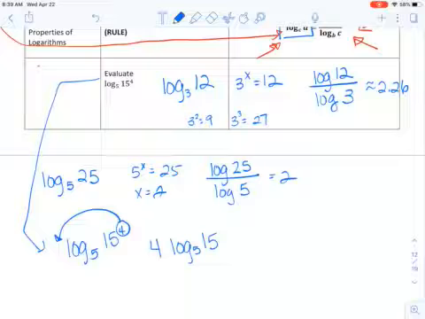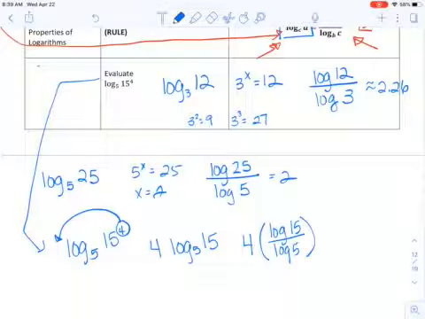Okay, and then I do 4 times the log of 15 divided by the log of 5. And is that a good one to do? Yeah, because I don't know 5 to what power gives me 15.